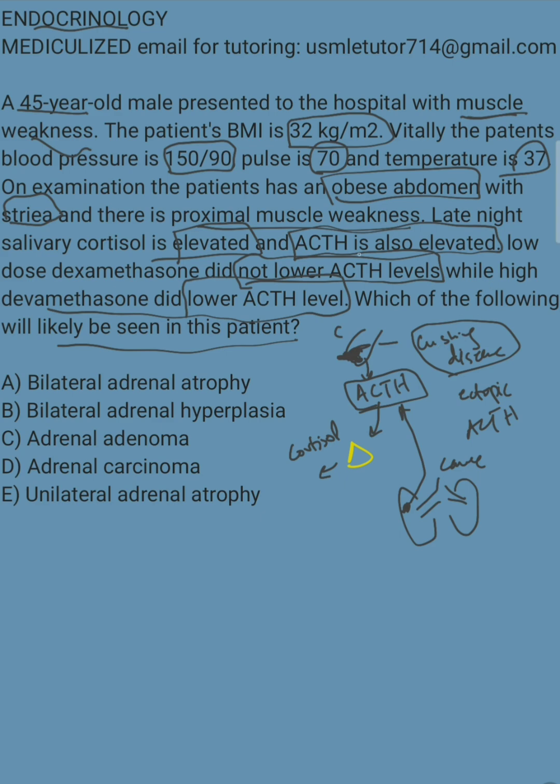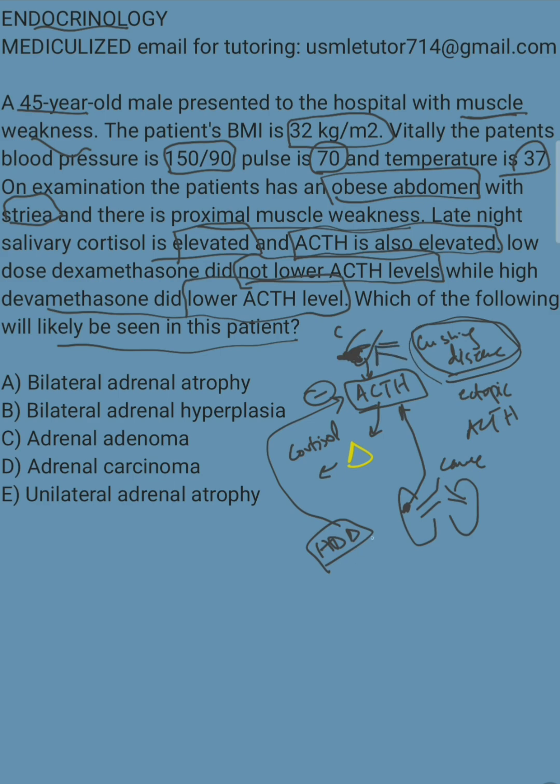Remember, a low-dose dexamethasone suppression test is just the initial test that confirms that it is Cushing's, but it does not tell you if it is Cushing syndrome or Cushing disease. So if the high-dose dexamethasone suppression test suppresses ACTH, that means that it is Cushing disease, that is the pituitary.